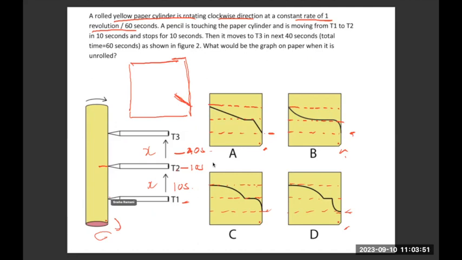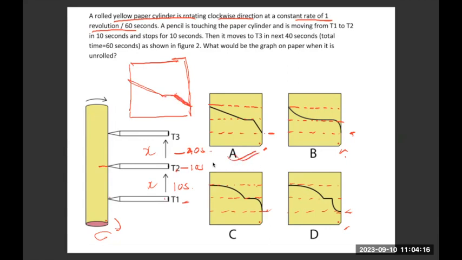Only the pencil is moving from top to bottom, and the cylinder is also rotating, so it will construct an inclined line. Then it will go constant because it stays there for 10 seconds. And then for 40 seconds it goes, which means this will be a less steep angle. So in this case, option A will be the correct one.